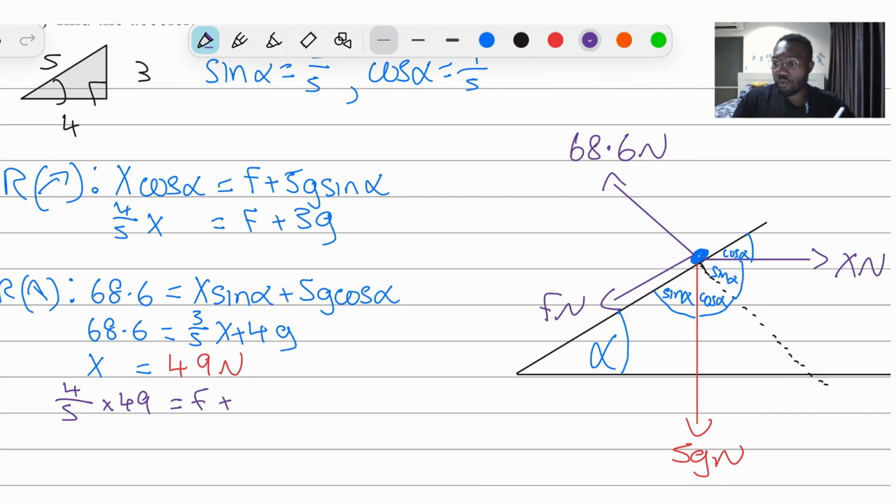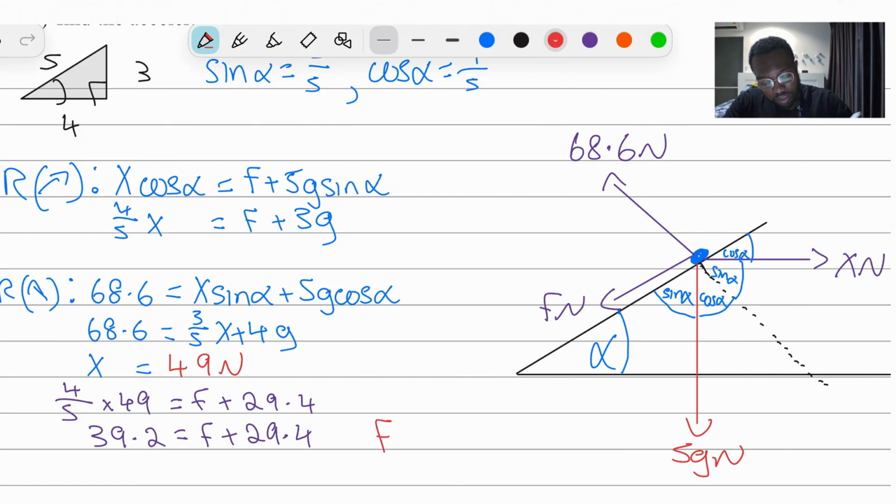I'm just going to write the value of 3g now, so that is 29.4, and then we have 4/5 times 49, so that is 0.8 times 49, which is 39.2, and that's equal to F plus 29.4. Therefore, our F value is just going to be 39.2 take away 29.4, and if you work that out, you get 9.8 newtons.